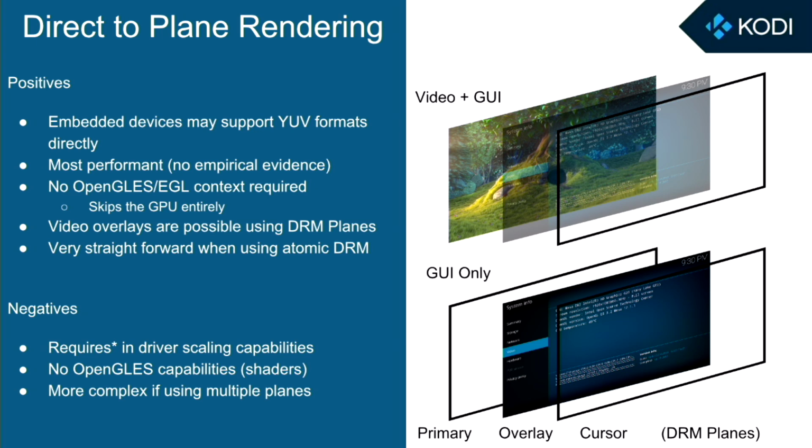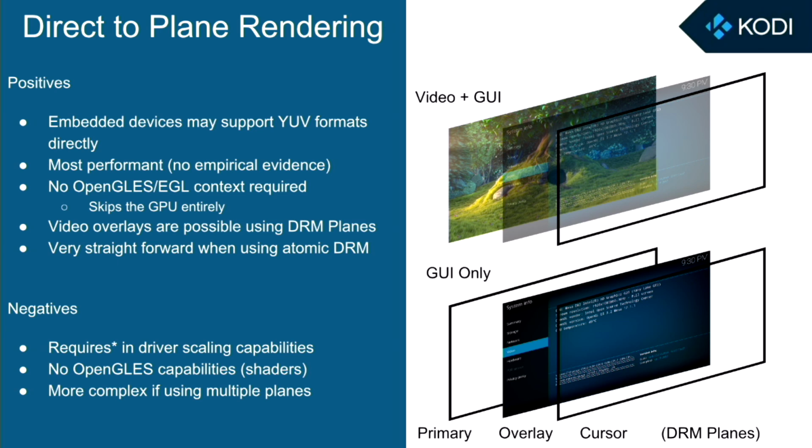What we actually do is, from the file descriptor of the video frame, we import that, convert it to a handle, add a frame buffer, and then add that frame buffer to your DRM plane. In Kodi, we are actually using atomic mode setting for this, and it is very interesting with some of the stuff we can do.